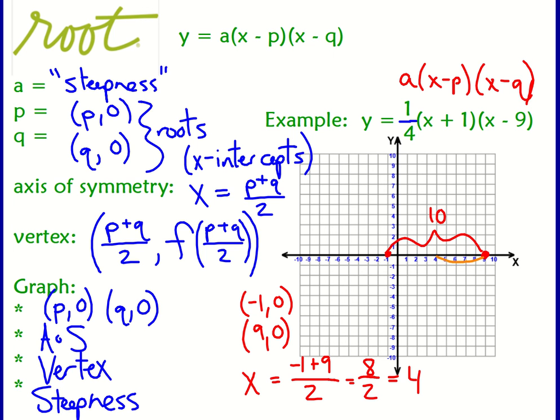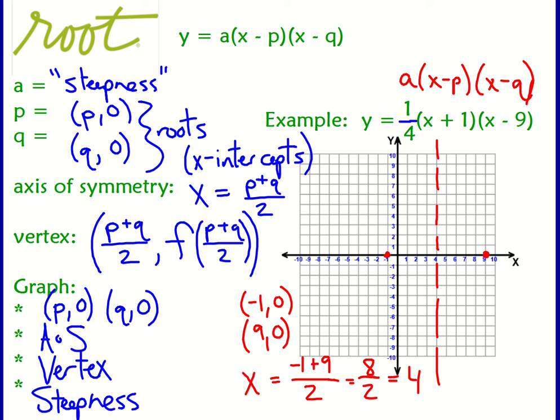So if I go 5 units this way, I get to x equals 4. If I go 5 units that way, I get to x equals 4. And I can just look at the graph and do that instead of calculating an average and working with the algebraic work there. So I would take my roots, split the distance, and say that x equals 4 is my axis of symmetry.